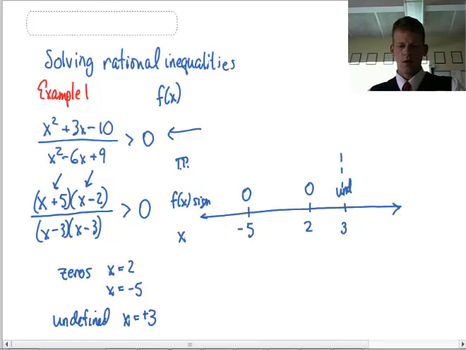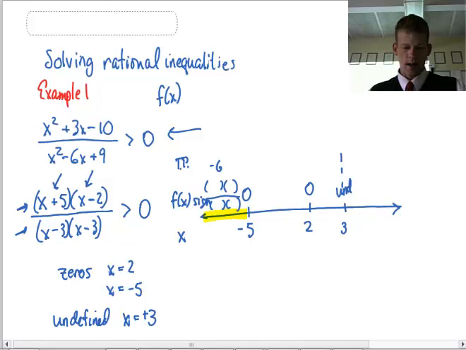So when I use my first test point, which will be in this interval, I'm going to use negative 6. When I plug negative 6 into that function, I'm going to use parentheses over parentheses.